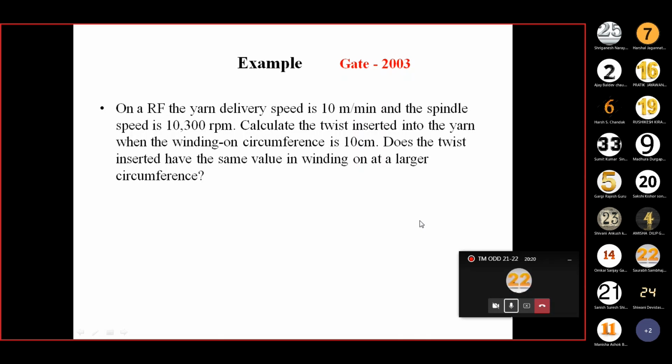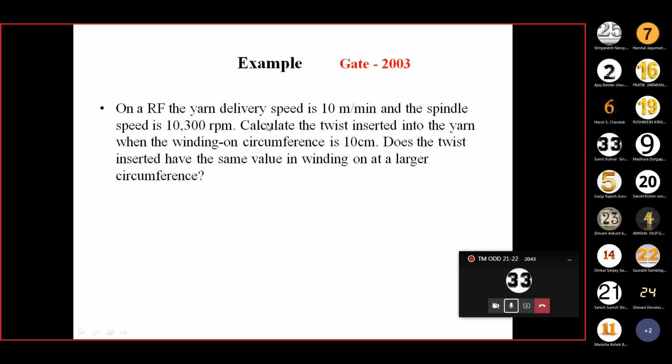First of all, we'll see this part because this question is asked in two parts. In another part, they asked does the twist inserted have the same value in winding on at a larger circumference? That we'll see later on. First, we'll try to solve the first part of this example.